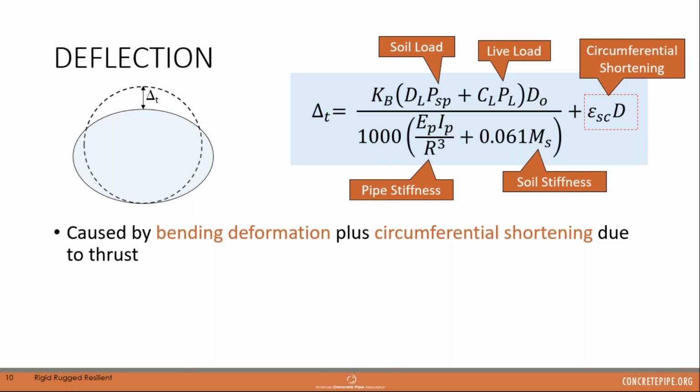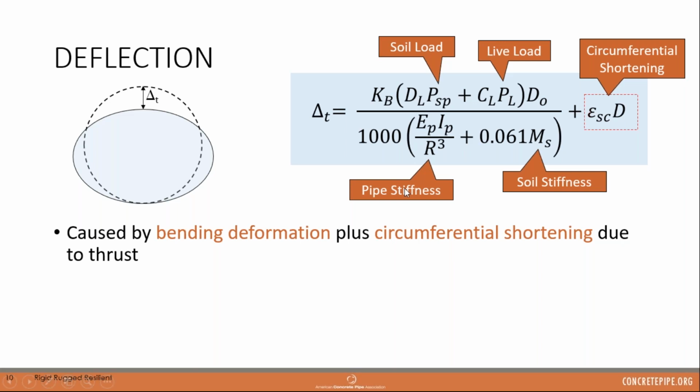Basically this is circumferential shortening, which, as you can imagine, as that thrust goes through the pipe wall, is going to decrease the circumference of the pipe by a certain amount, and that's going to factor into what we estimate deflection might be, because we're going to be calculating the vertical and horizontal span of the pipe. So that's going to be one of the factors.